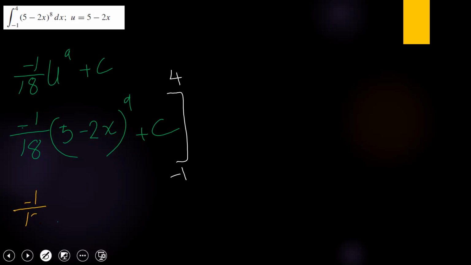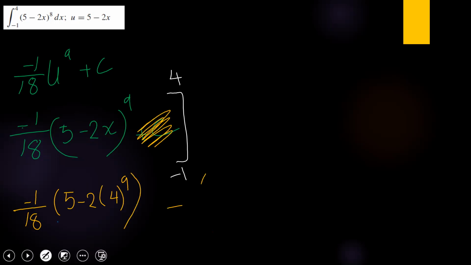Now here, let's continue. Negative 1 over 18 times (5 minus 2 times 4) to the power 9. So here I will cancel c. Minus negative 1 over 18 times (5 minus 2 times negative 1) to the power 9.